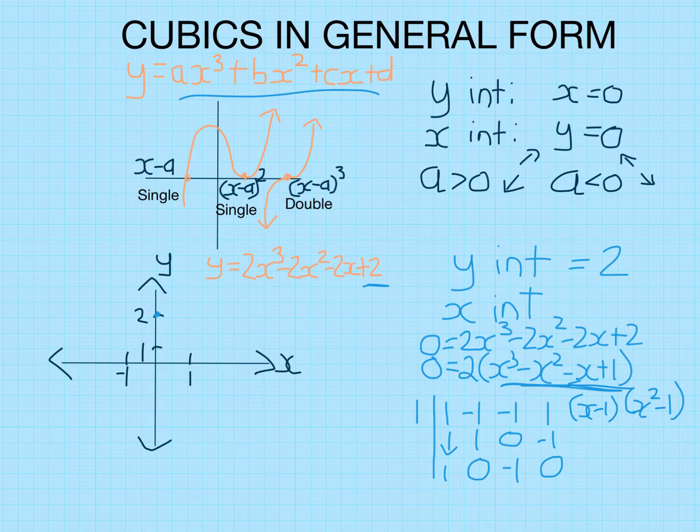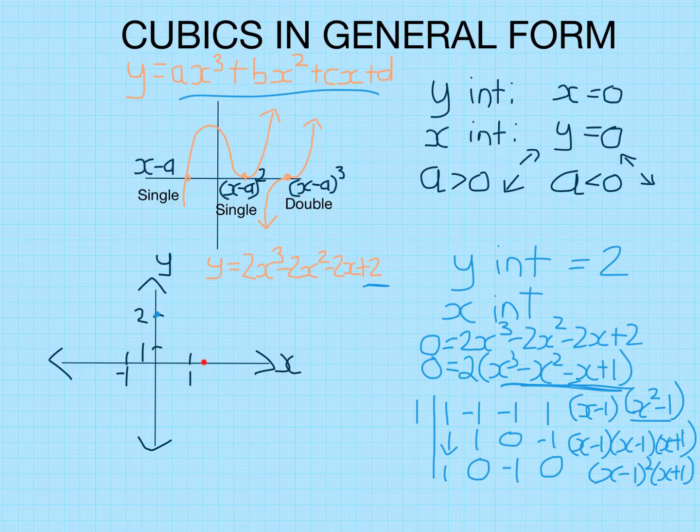So we can factorize this further. This is just the difference of two squares, so it's x minus 1 times x plus 1. So we've actually factorized this cubic, and we see it can be written as x minus 1 squared times x plus 1. We have a double root at x equals 1.